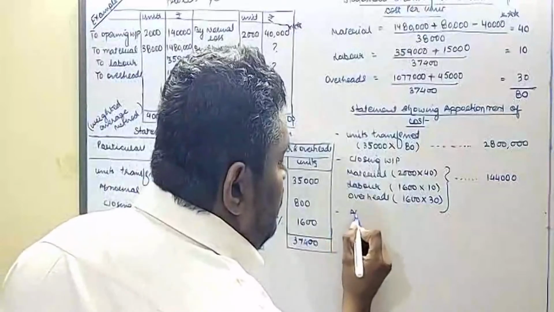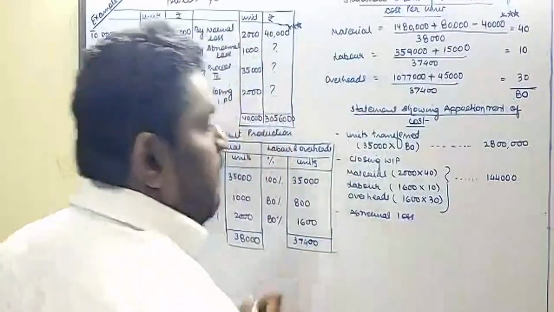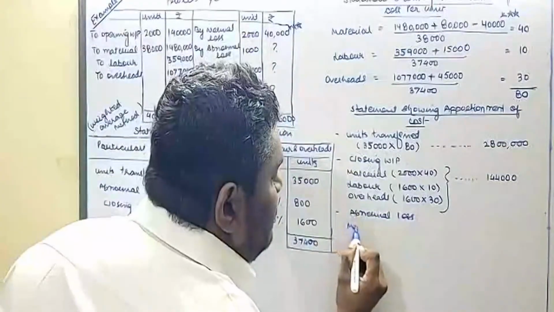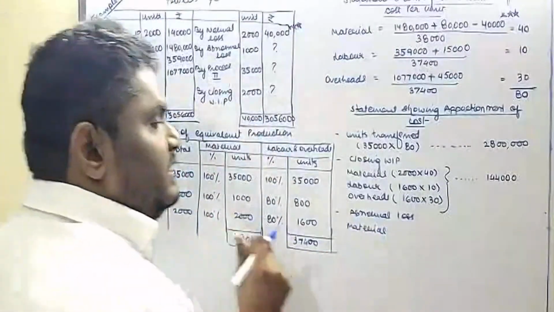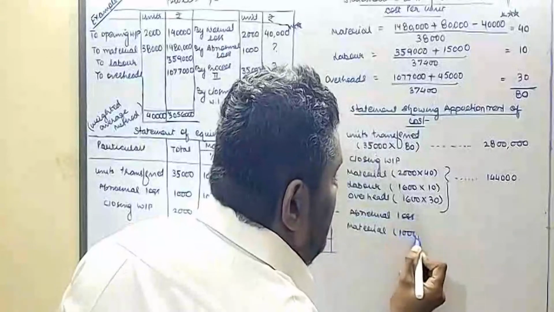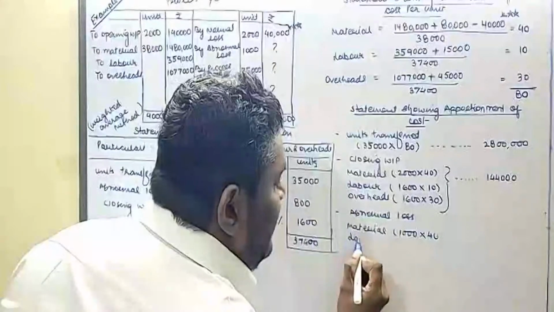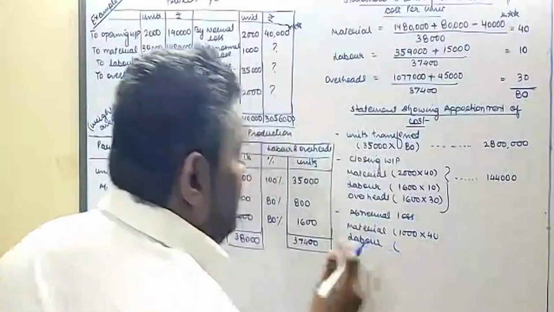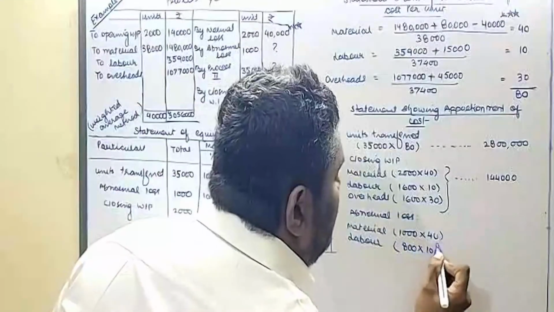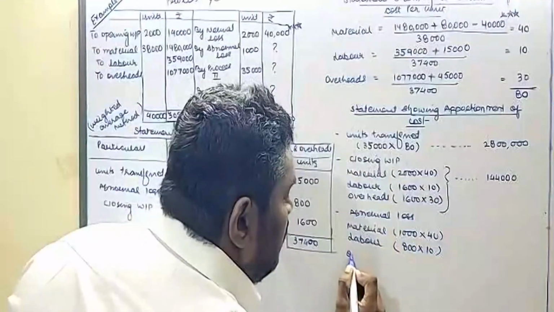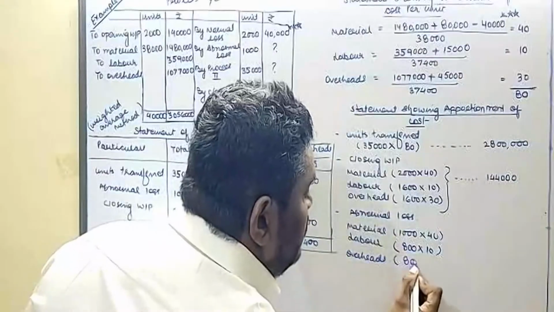Now, abnormal loss. Again, the three parts: material cost in respect of the units that are scrapped, that is 1000 units into 40. In respect of labor, the equivalent number of units are 800, 800 into 10. And overheads, 800 into 30.